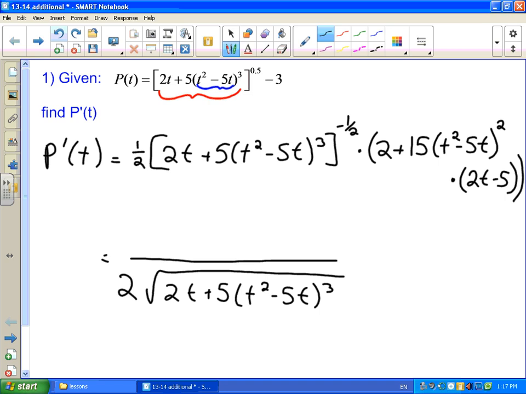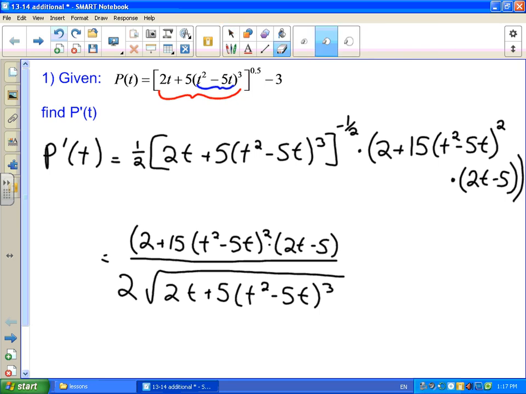And then up in the numerator, we're going to have 2 plus 15 times t squared minus 5t all squared. And just this term right here is multiplied by our 2t minus 5. Okay? And I guess I don't need this round bracket on the front, so I'll just take that off. And that then is our final answer.